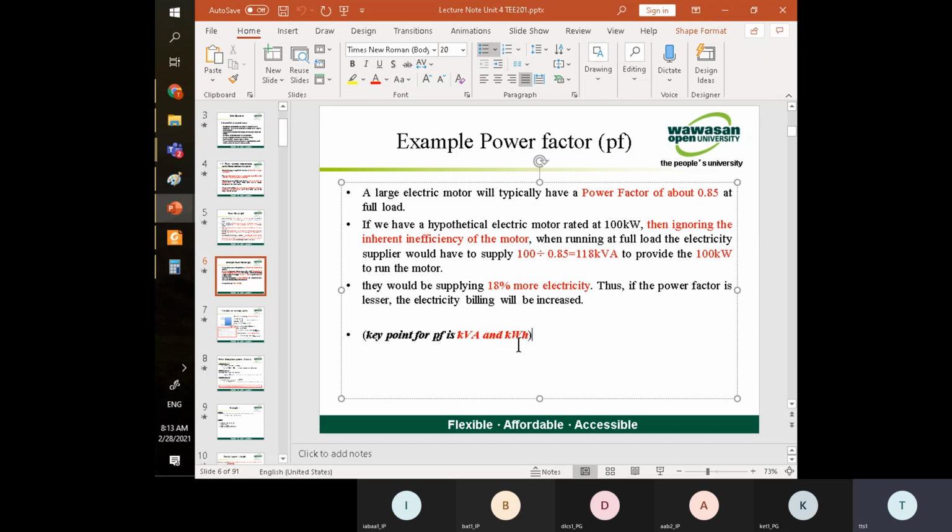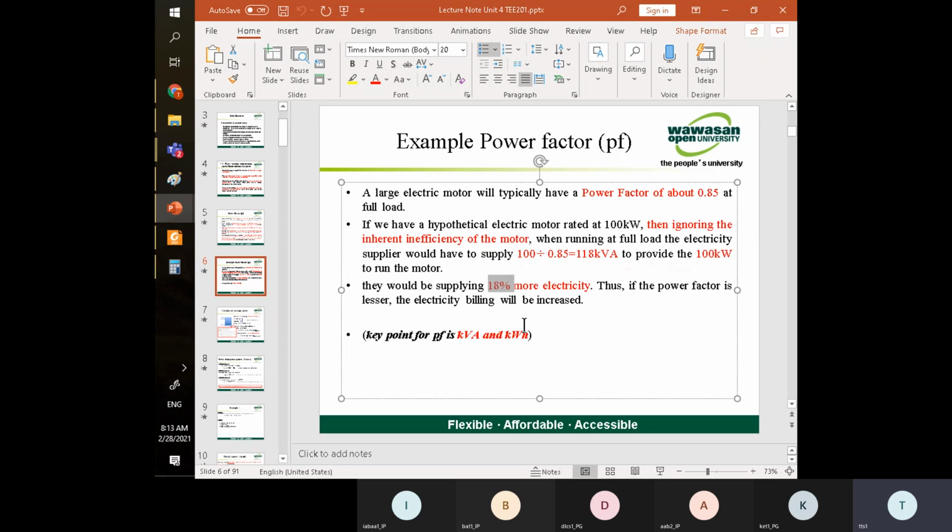That's why, in other words, TNB needs to supply 18% more to the factory, and this will increase their costs. And if I remember, in Malaysia, if the factory's power factor is below 0.8, they're going to penalize the factory.